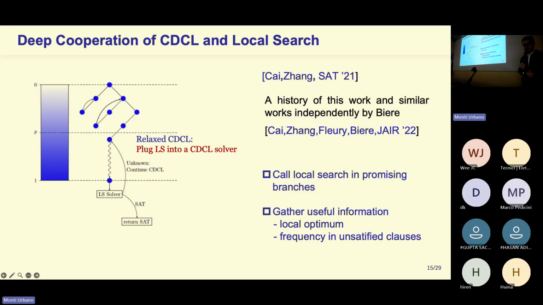We describe the history of how these two separate lines worked and finally converged into a comprehensive work. So now in the latest version of Kissat by Armin Biere, the hybrid idea is there, to use local search for Kissat.